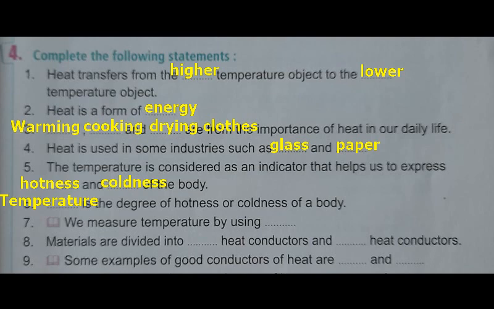We measure temperature by using thermometers. Number 8. Materials are divided into good heat conductors and bad heat conductors. Number 9. Some examples of good conductors of heat are copper and aluminium.